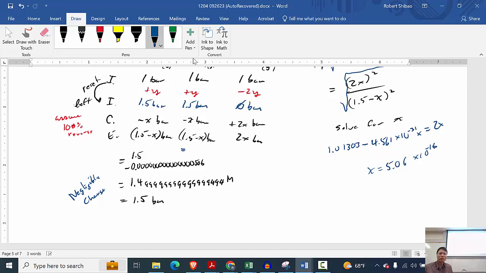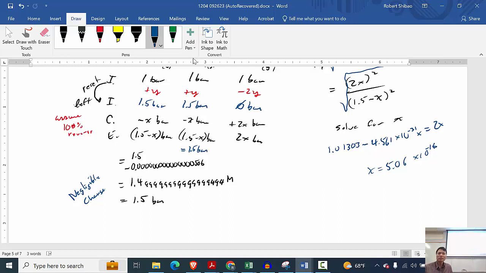I'm just going to say 1.5 minus this tiny, tiny number is going to come out to about 1.5 bar. It's the same calculation, but I'm not going to bother writing this out. This is going to be 1.5. And even if I round this to like 10 sig figs, it's still going to be 1.5, right?